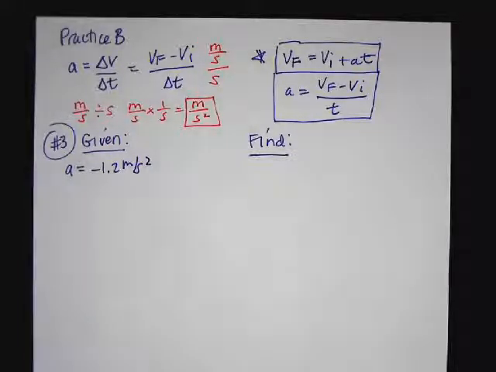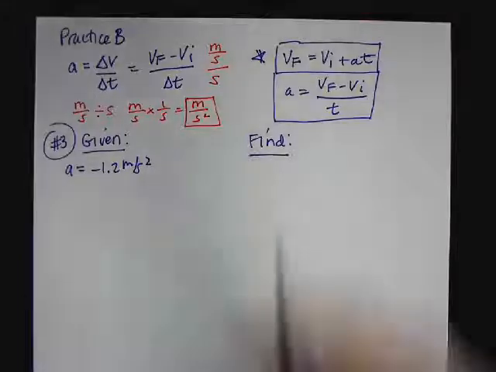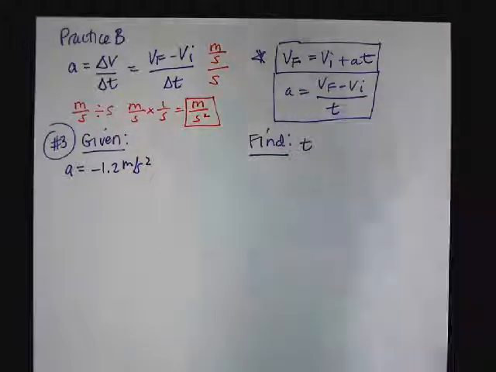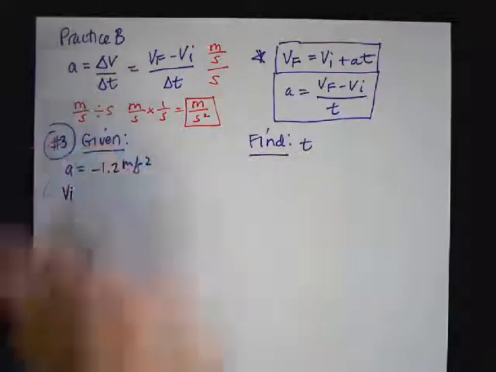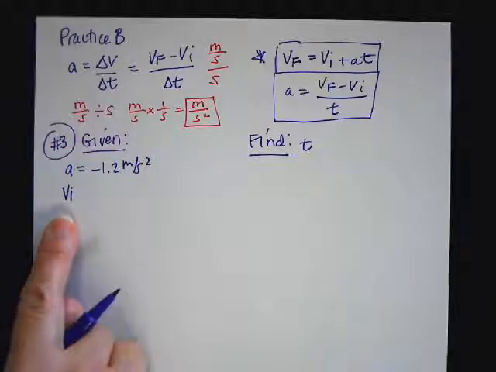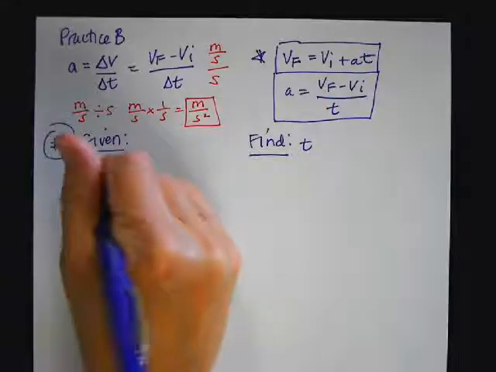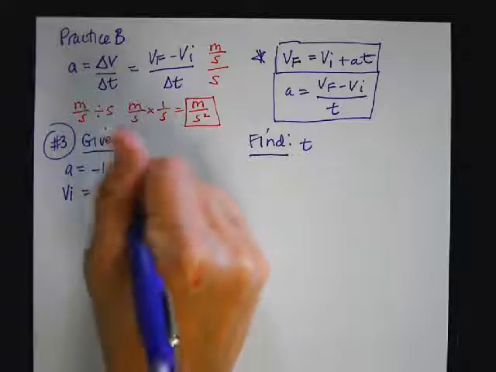When it says how long, that means we want to find the time. Will it take a cyclist to bring a bicycle with an initial velocity of 6.5 meters per second? Remember in physics we use subscripts. So V subscript I means the initial velocity. It's 6.5 meters per second.